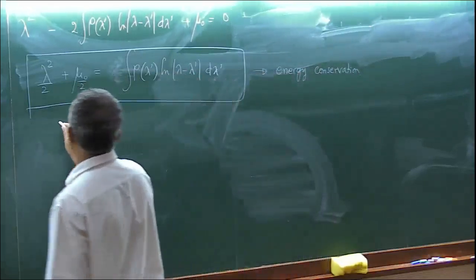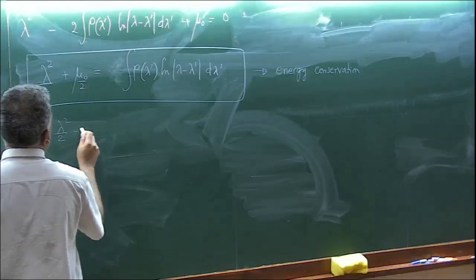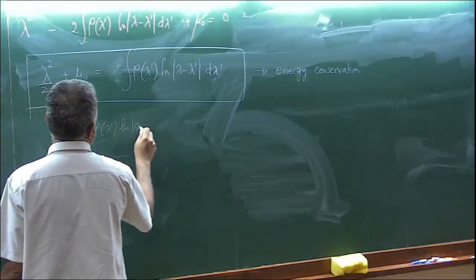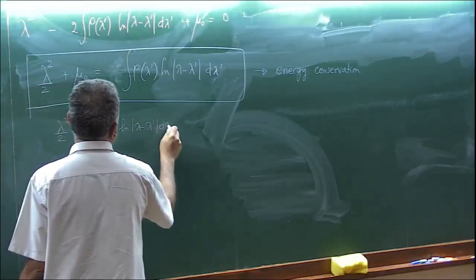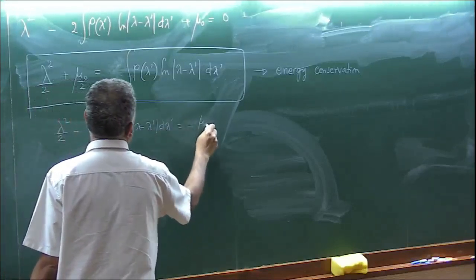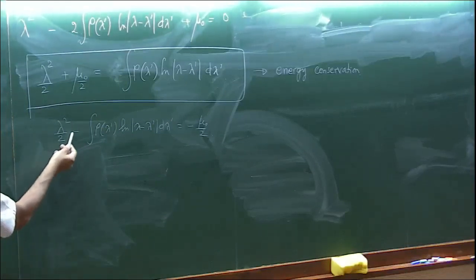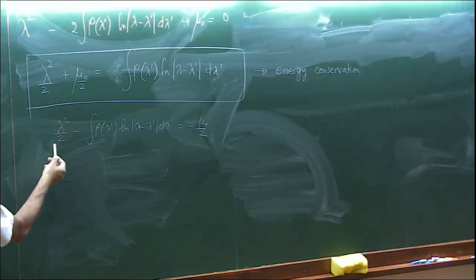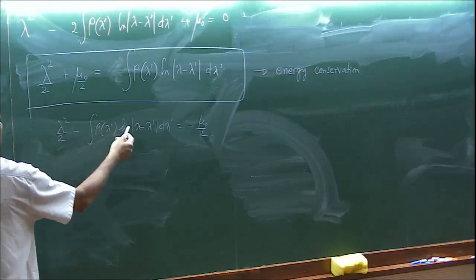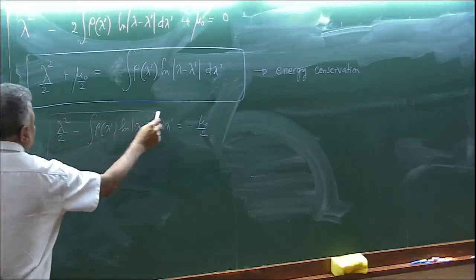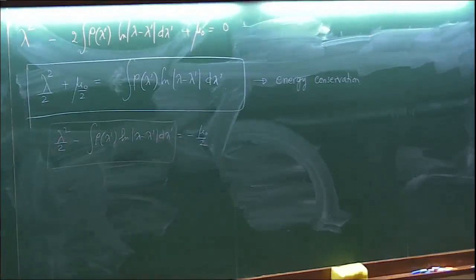What this says is that if you take this external test charge, it feels this external potential and also the electrostatic force from the other charges, which is a repulsive interaction. So this is the total energy felt by your test charge.